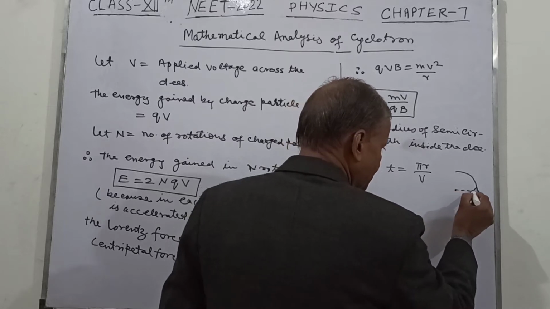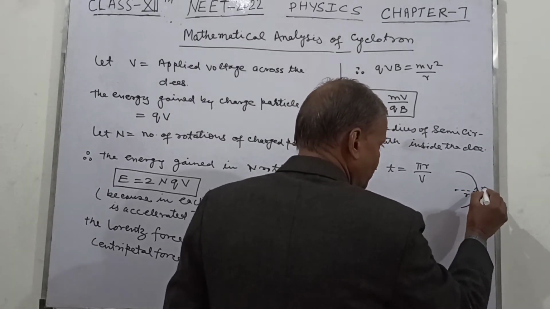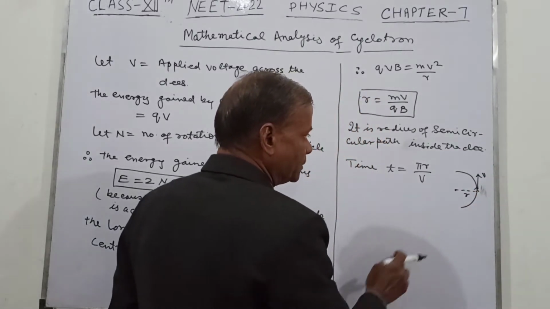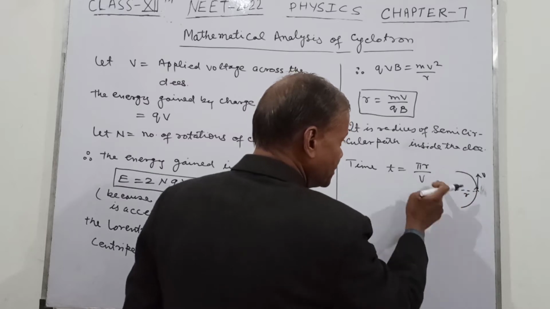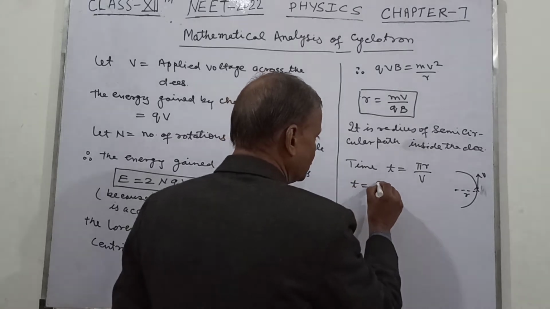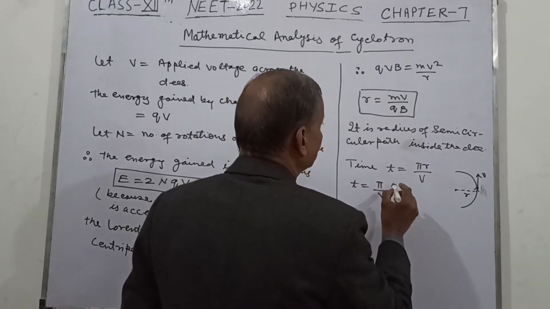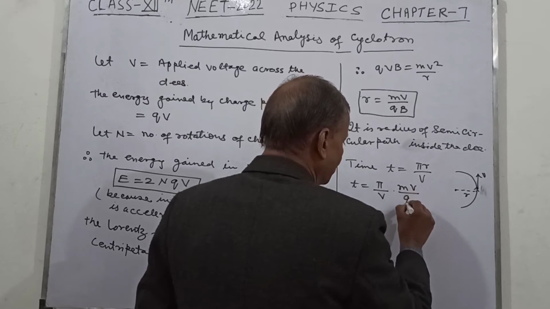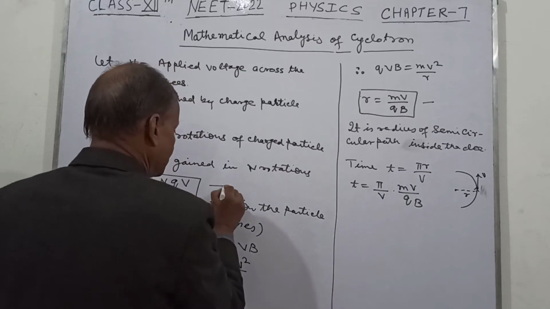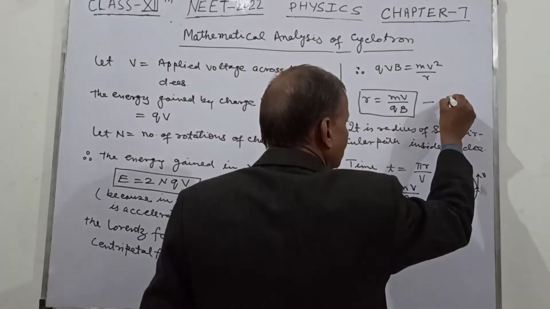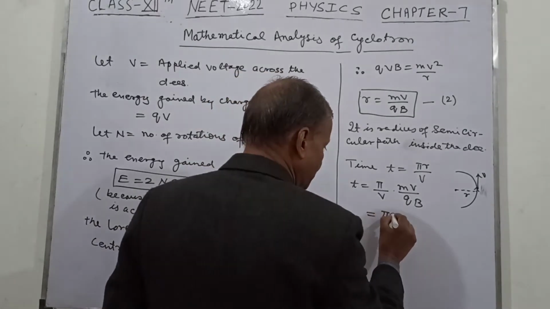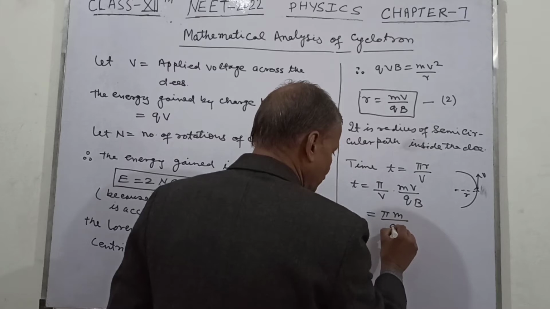This is the radius r, and it is moving with velocity v. Since this is semicircular, this distance is equal to pi r. So t is equal to pi upon v into r, equal to mv upon qB. V and v cancel, so this is your pi m upon qB.